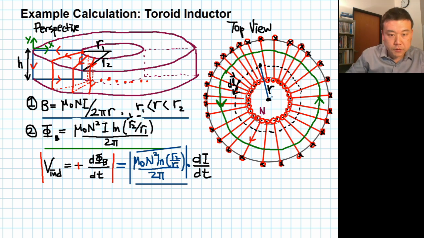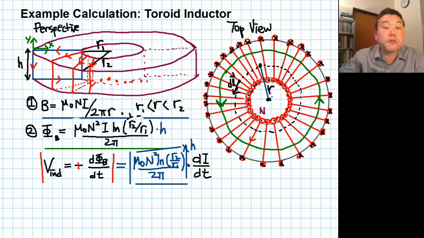Oops, speaking of geometric parameters, I forgot about this height h. Let me put it in here. This thing times h. I copied it wrong. All right, so let me write down what the inductance of the toroid is. So remember all these parameters that we use to specify the toroid: the inner and the outer radius, height of the toroid, and the number of turns n.